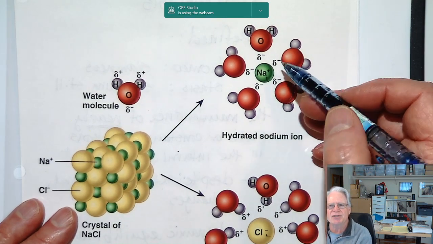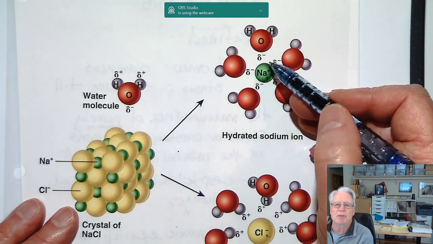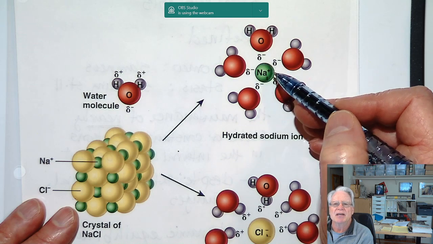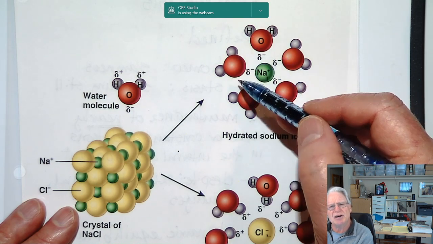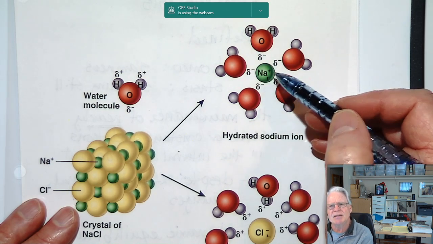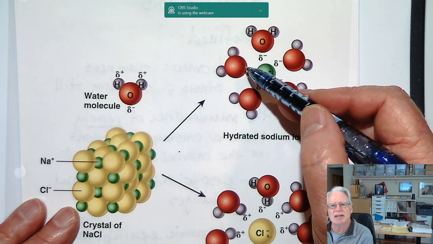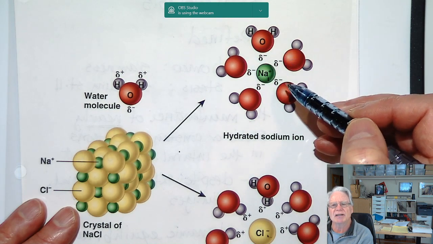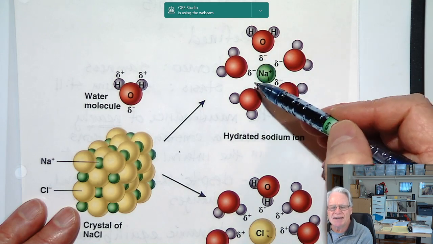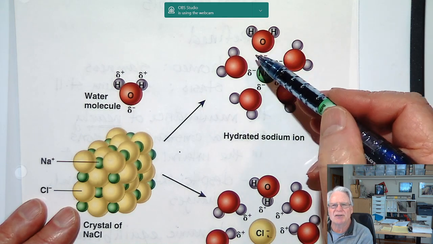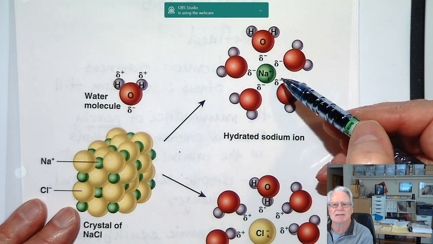And so what you will see with this positively charged sodium is that it becomes surrounded by water molecules who are facing in with their negative side. So negative, negative, negative, negative, negative. Okay? And so that then dissolves the positively charged sodium ion.